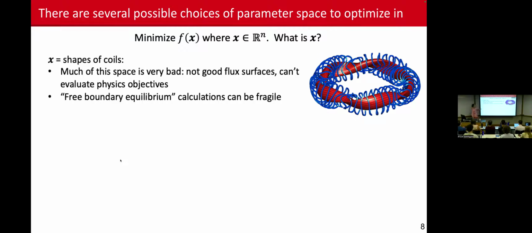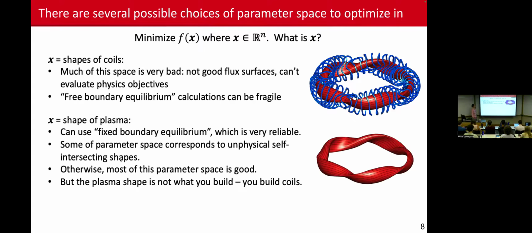For a long time, we have not really tried to do this or have had limited success with it. Another thing we can do is just consider the plasma for a second. Take x as the shape of the plasma, the three-dimensional shape. You can parameterize that shape with some parameterization, which I'll show in a few slides. And this tends to be quite a bit more reliable. It turns out you're actually solving a slightly different problem called fixed boundary equilibrium.